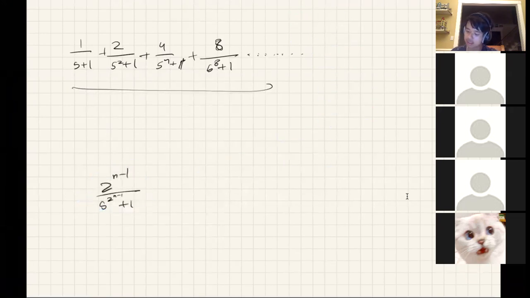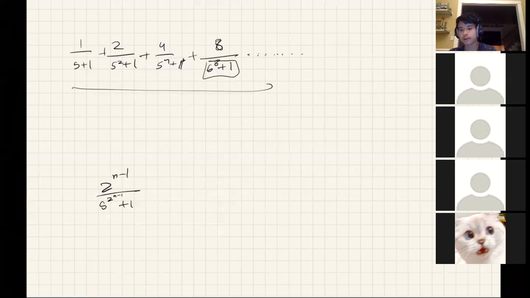So how do we make the sum telescope? The first thing you might try is to factor one of these terms. And it turns out that if you try to factor one of these terms directly, it's not going to work, because this isn't like difference of squares or something, or like factorials or something like that.